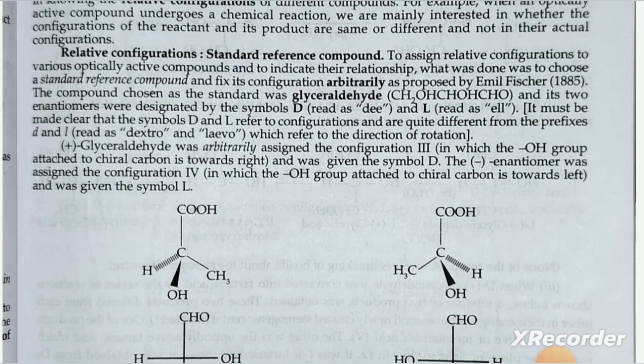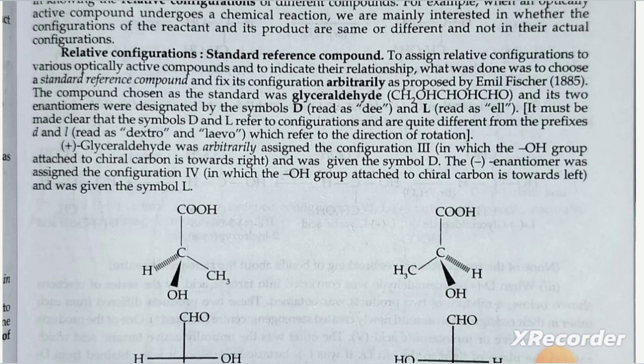As proposed by Emil Fischer in 1885, the compound chosen as standard was glyceraldehyde, CH2OH-CHOH-CHO, and its two enantiomers were designated by the symbols D and L. It must be made clear that the symbols D and L refer to the configuration and are quite different from the prefixes d and l, read as dextro and levo, which refer to the direction of rotation.